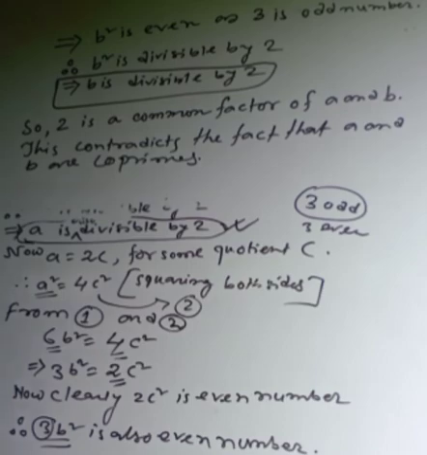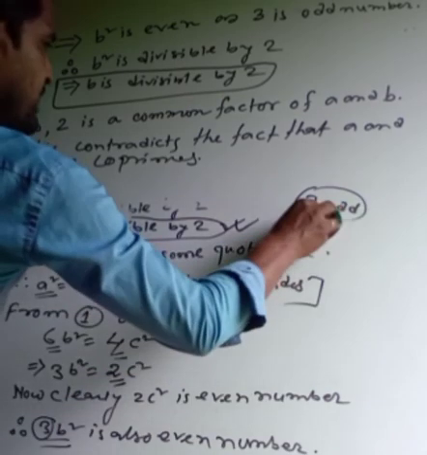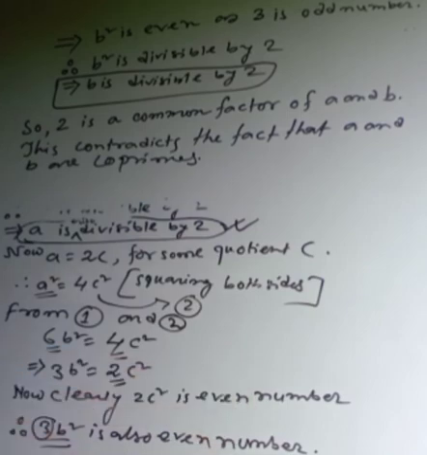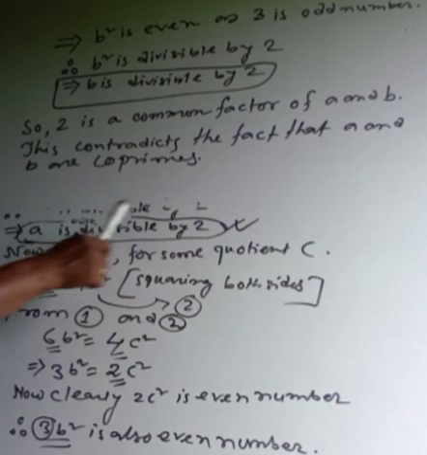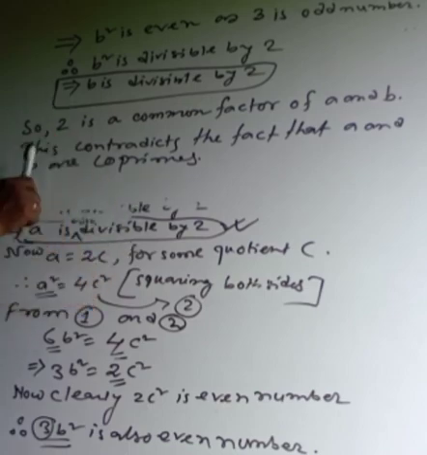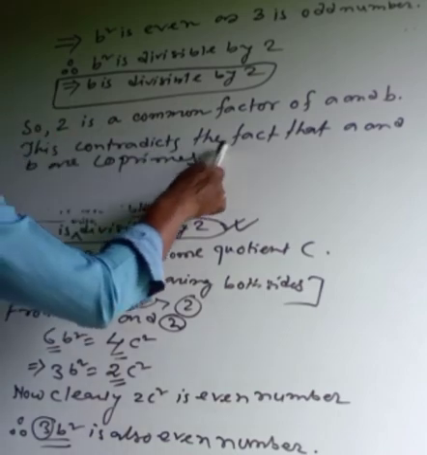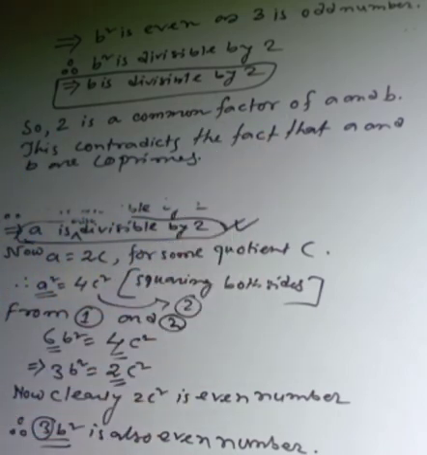We have written it like that because before, we considered that a and b can be divided by only 1, but when we solved the problem, we saw a is divisible by 2, and b is also divisible by 2. That's why we have written this contradicts the fact that a and b are co-primes.